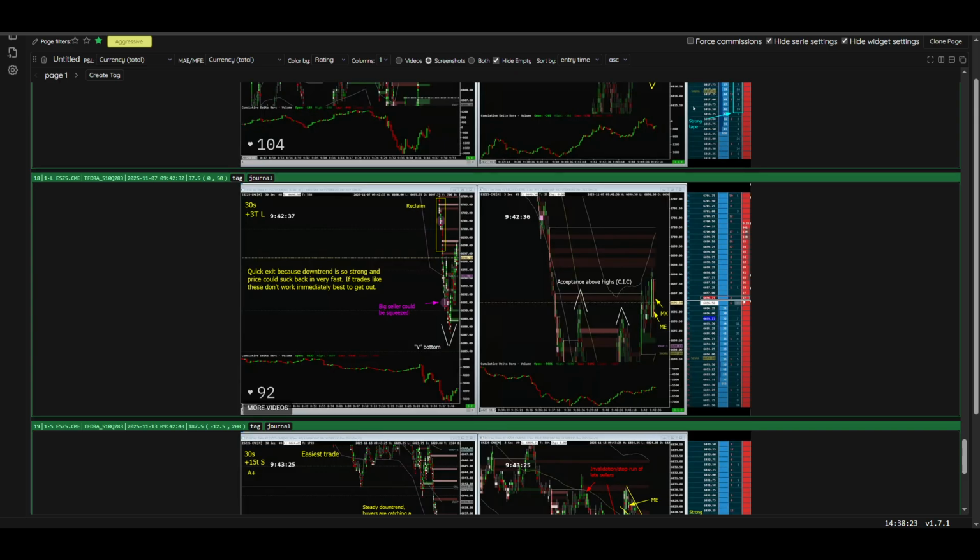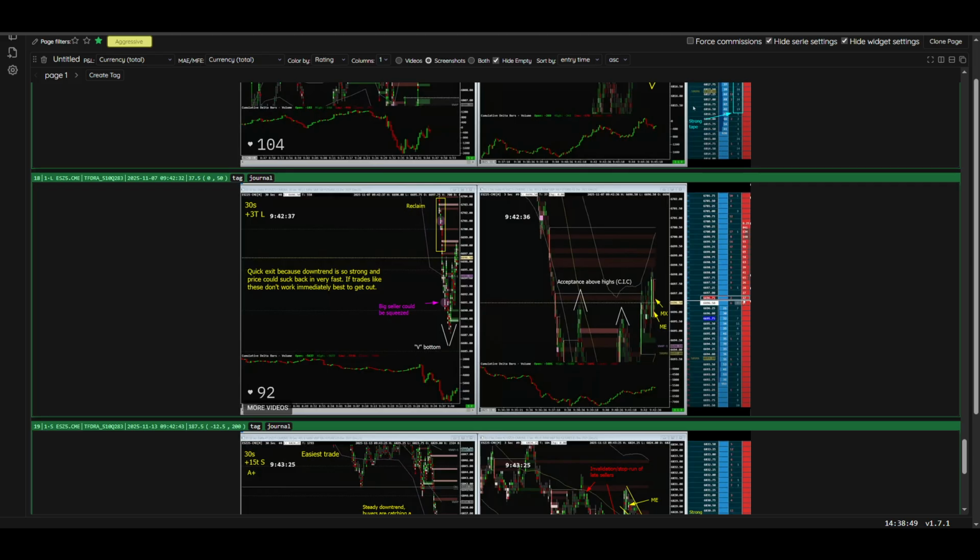That's not good, and I was impatient. Why are those trades making money? Hopefully I have images of them, but I don't think I do.